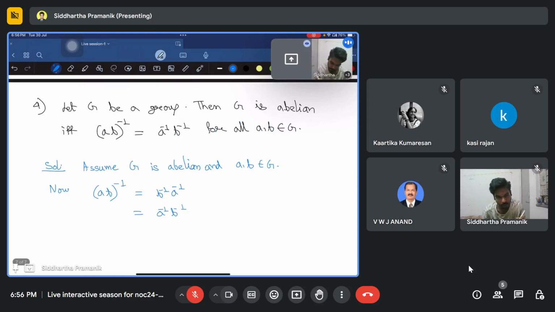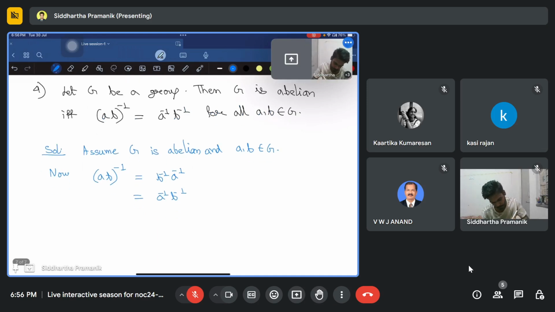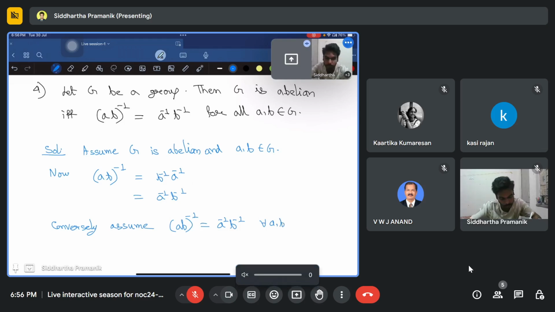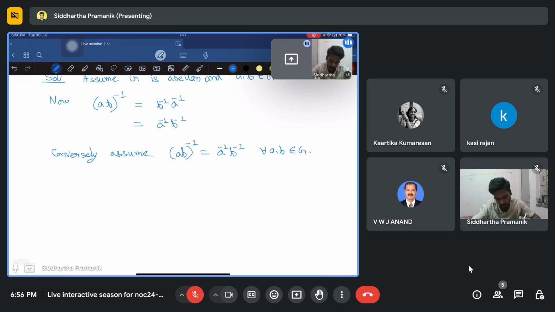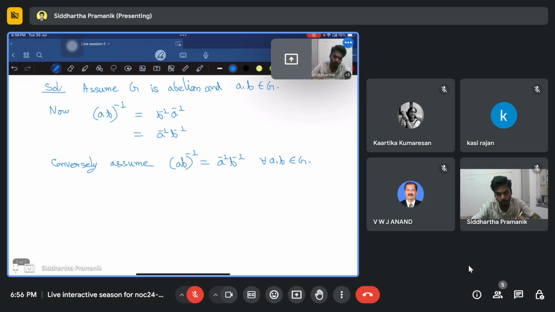So now let's do the converse part. Conversely, assume inverse of AB is the same as A inverse B inverse for all A, B in G. So we need to prove G is an abelian group. For that, we need to prove that every pair of elements of G must commute. So let's take an arbitrary pair.